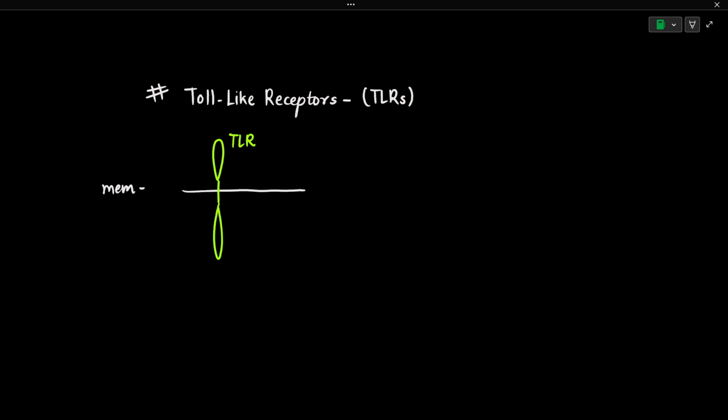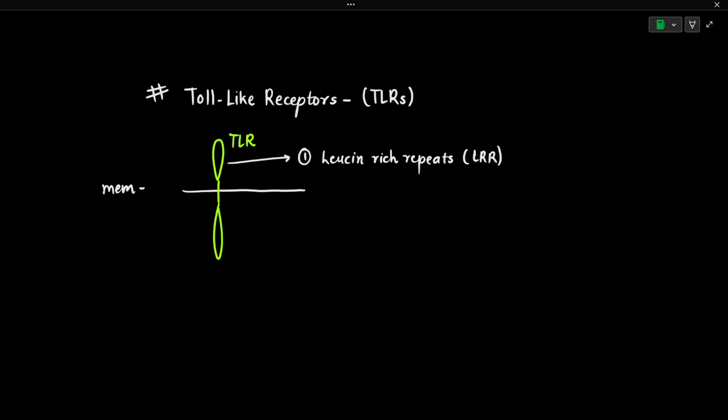You can see three clear domains. This is the first domain, which is rich in leucine-rich repeats. These leucine-rich repeats will be referred to as LRRs.